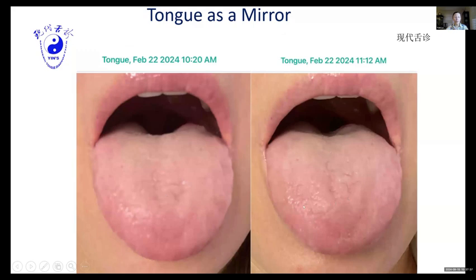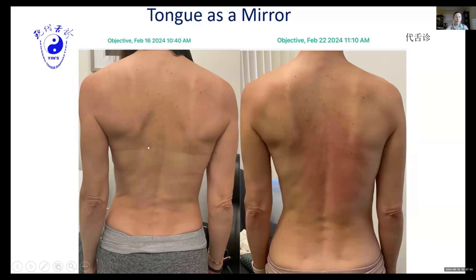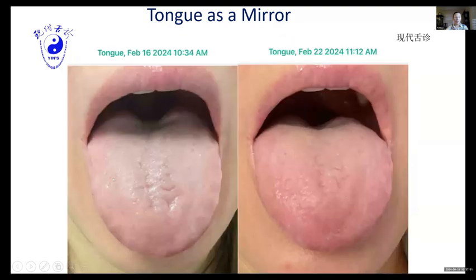You see the tongue is not as puffy as before the treatment. So this is February 16 before the first treatment. This is February 22nd after the second treatment. And you see a significant change in the tongue because between the treatments, the patient was also given herbs for all her conditions.